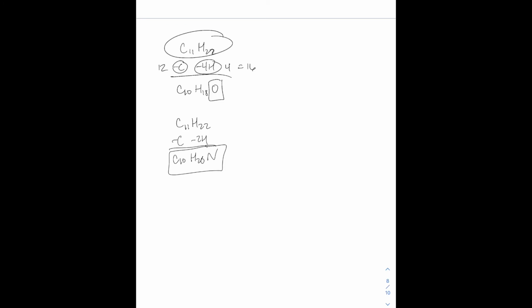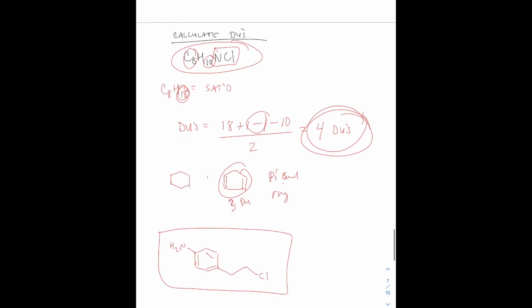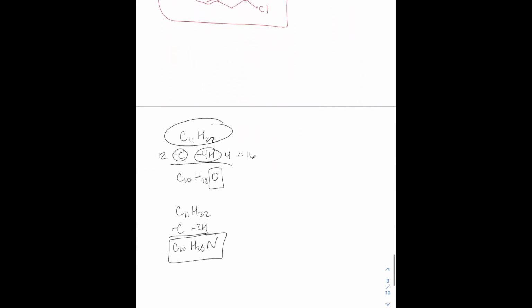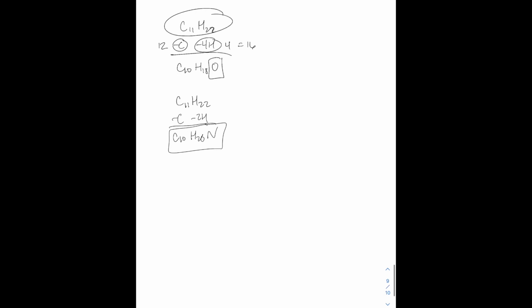So I'm sorry, I misspoke, but long story short, this is basically how we calculate degrees of unsaturation, and then this is how we can start exchanging out for heteroatoms to determine other possible molecular formulas.